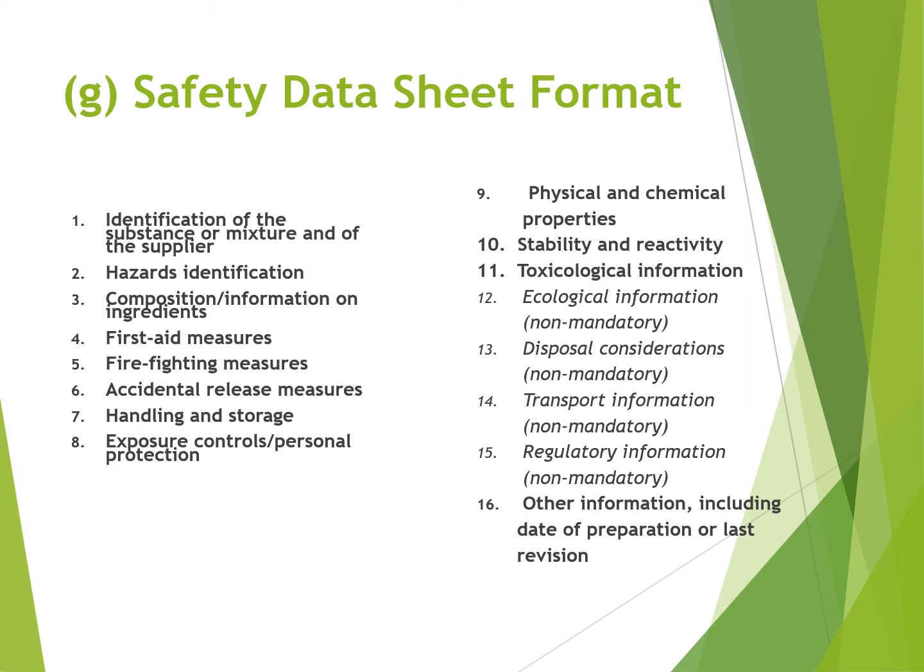These are the 16 sections, and if you hopefully looked at safety data sheets before, they're pretty much the same. The beginning is what it is, then there's the hazards, there's the ingredients, first aid, fire fighting measures, release measures, handling and storage, PPE, physical properties, and then there's a bunch of other information at the end of it.